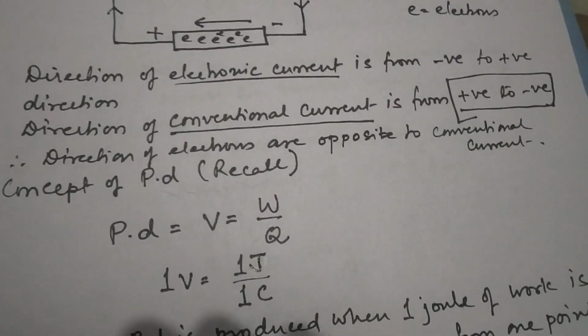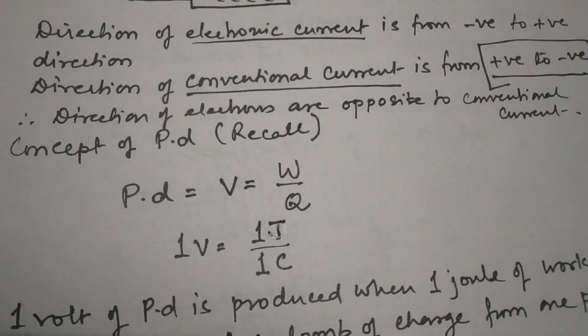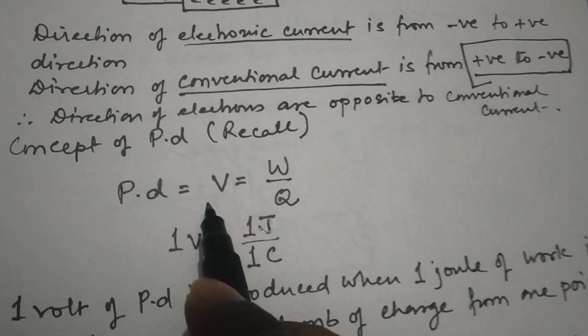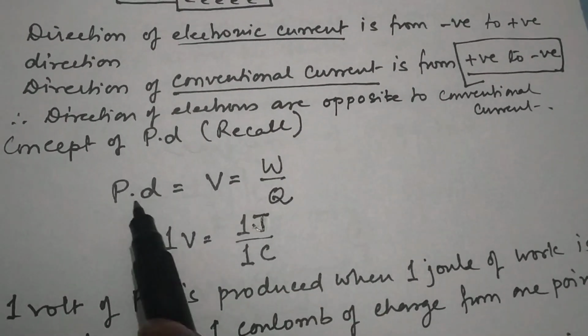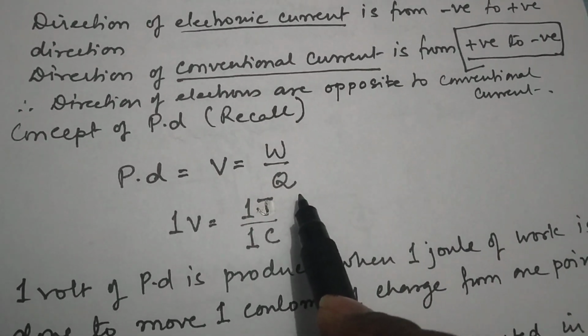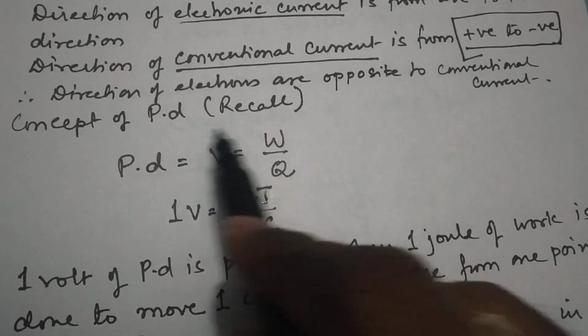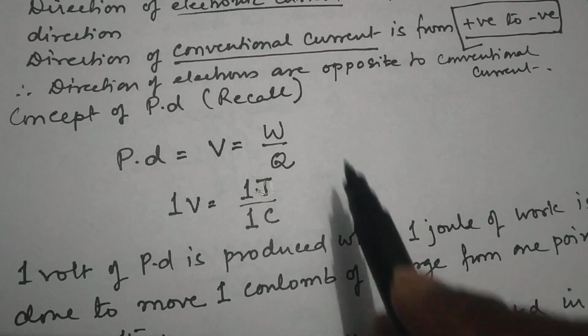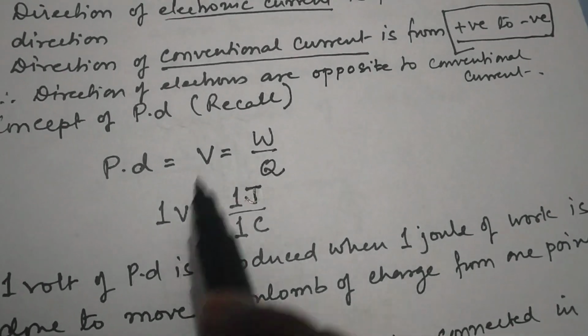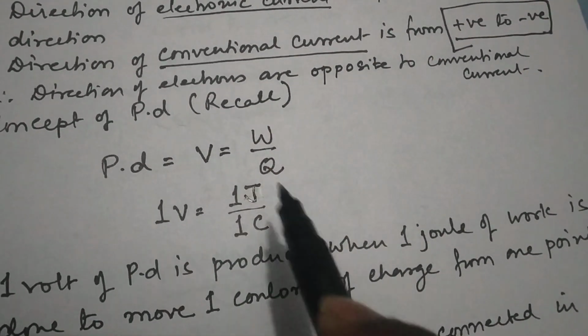Now let's come to the recalling of PD once again. Everybody can see this topic has been already discussed in the last lecture. PD is equal to V is equal to W upon Q. So in the last two lectures we have already discussed all these things. We again take the definition of 1 volt here.